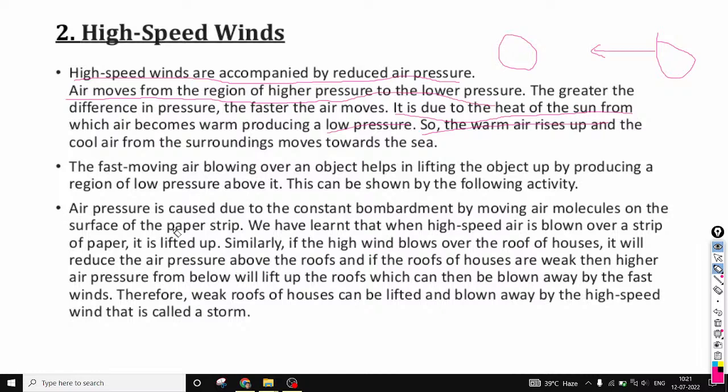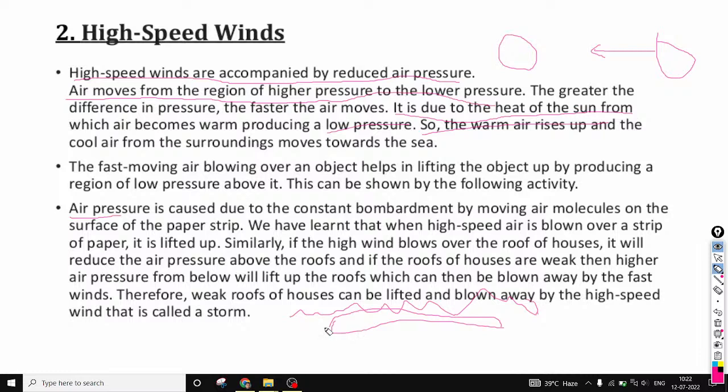Here you can see an activity, and by it you can easily connect how air exerts pressure and what high speed wind is. Air pressure is caused by the constant bombardment of moving air molecules on the surface of the paper strip. Suppose you have a paper strip and you blow air in front of your mouth.